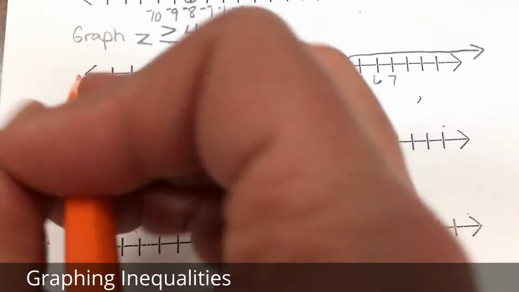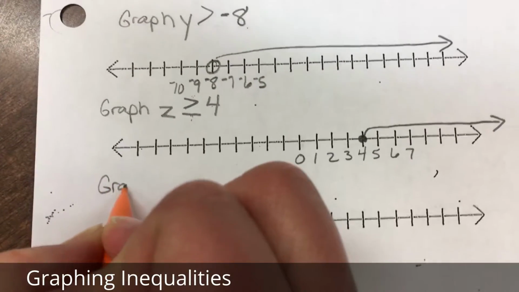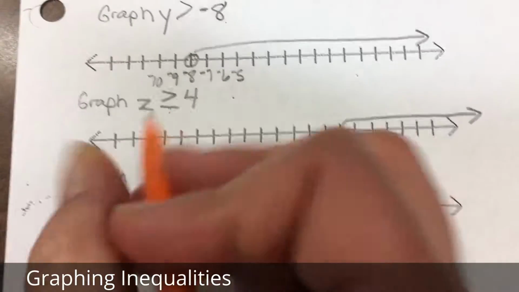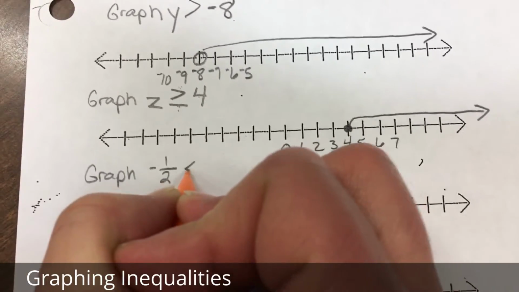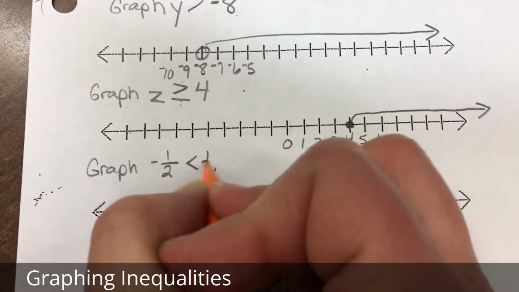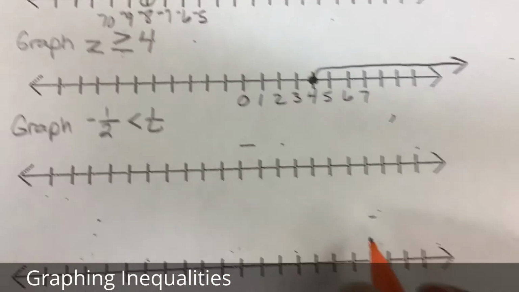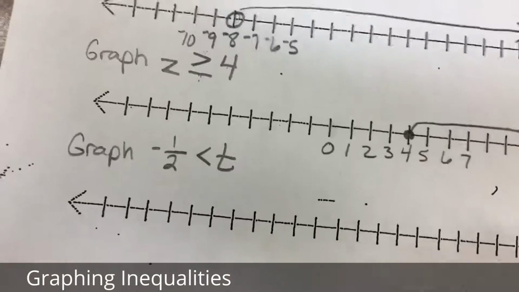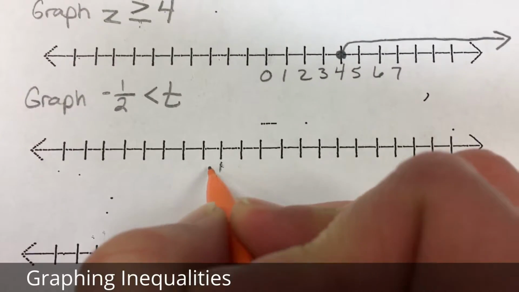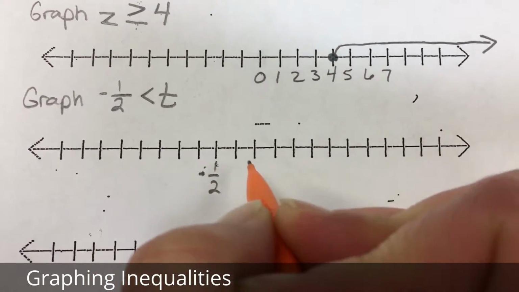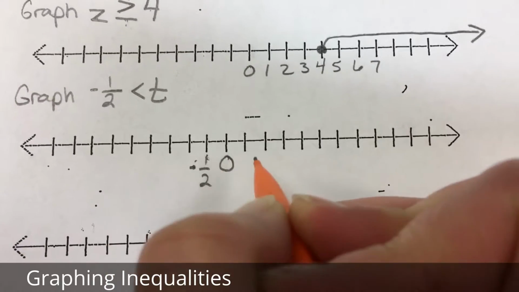Okay, what if it gives you something like graph -1/2 less than t? You're going to have to use what you know of fractions and sometimes decimals. I'm just going to make this one my -1/2, and I think I'm going to make this 0.